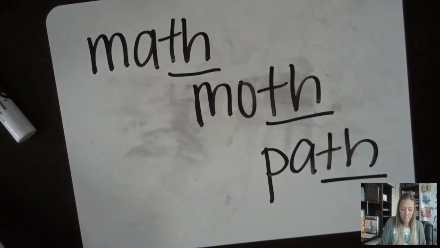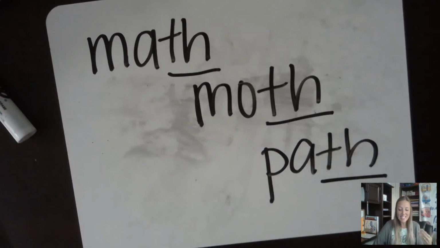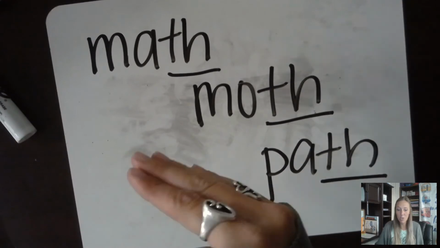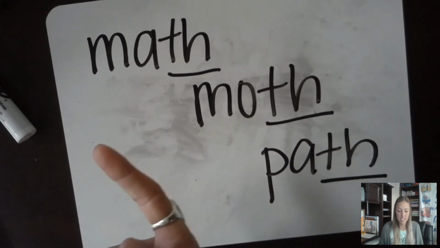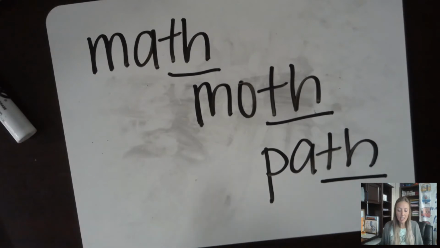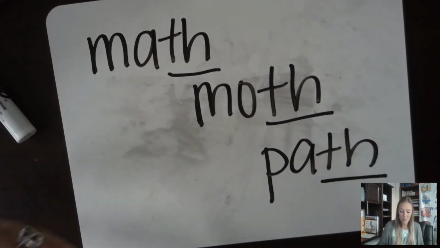All right. So it's not always easy to tell whether the letters TH will make a voiced or an unvoiced sound, but usually if the letters are in the middle of the word, then they will be voiced. And if they're at the end of the word, they'll make an unvoiced sound. If the letters are at the beginning of the word, they can make either sound.